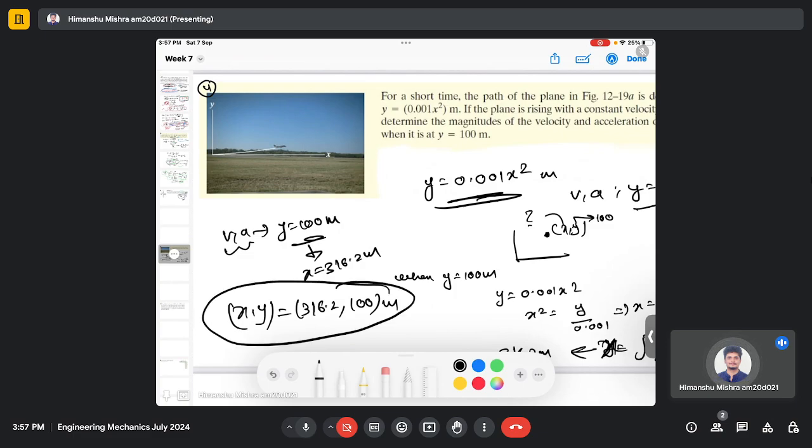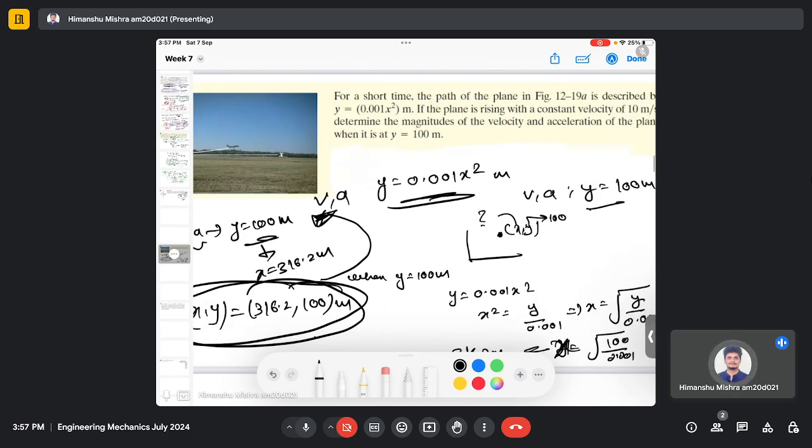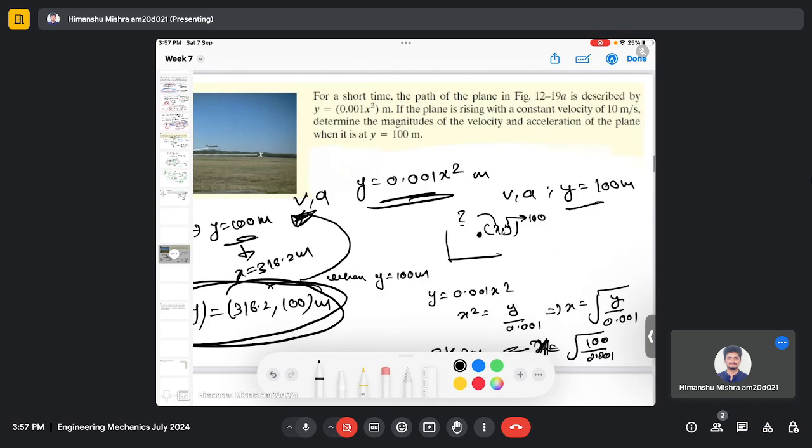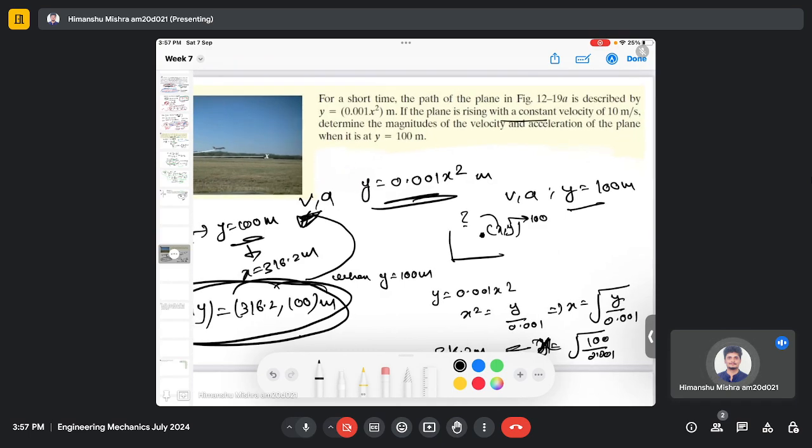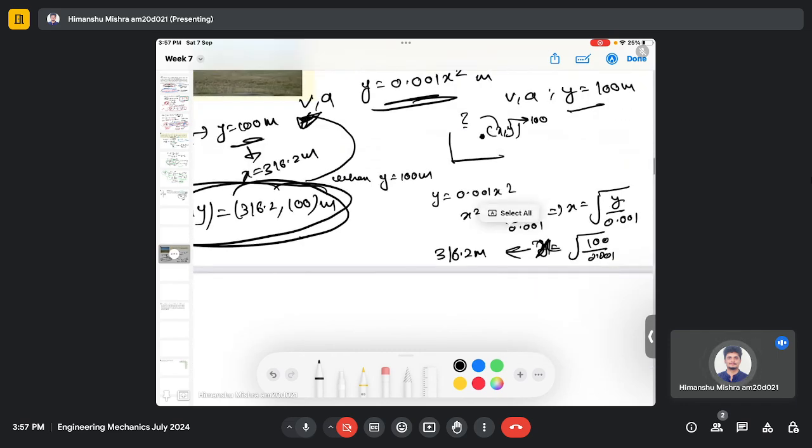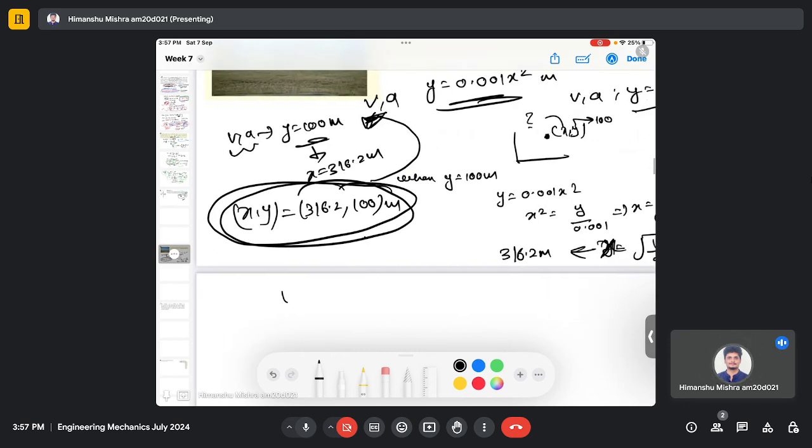When the particle reaches this location, what is your velocity and acceleration at this point? This is the question here, and it is given that the plane is rising with a constant velocity of 10 meter per second. So the plane is rising at a constant velocity, so its y component of velocity is 10 meter per second.